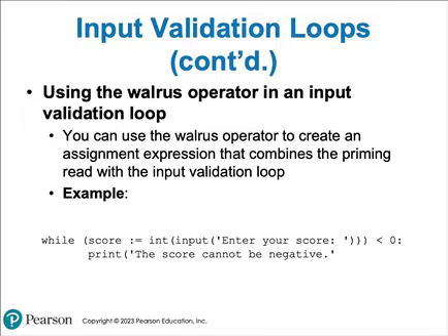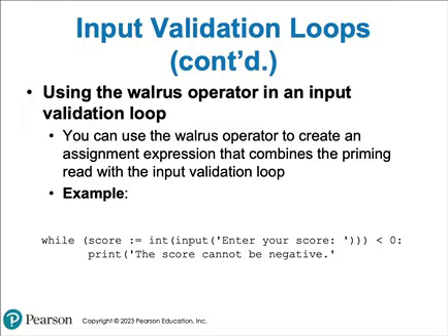Here's an example using the walrus operator, where if you look at what's nested, the first thing that's going to happen is that innermost input, which is enter a score. Presumably that score can only be integers, or they want to round it to an integer, so they use the int function and assign it to score.